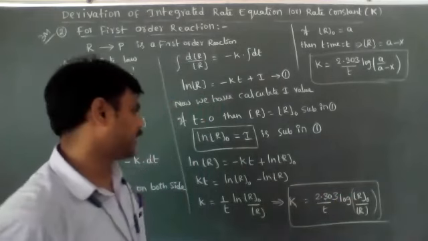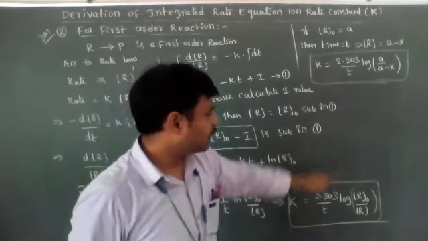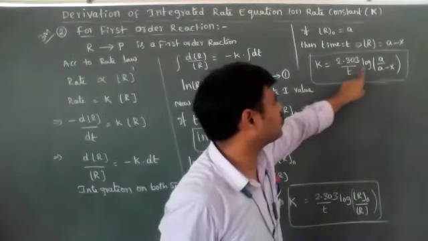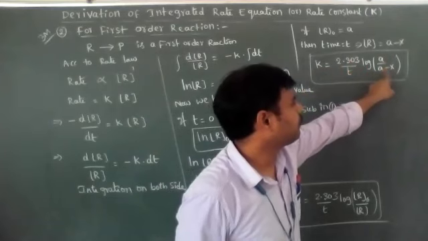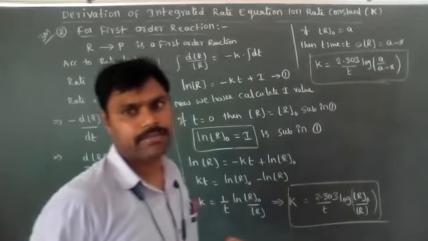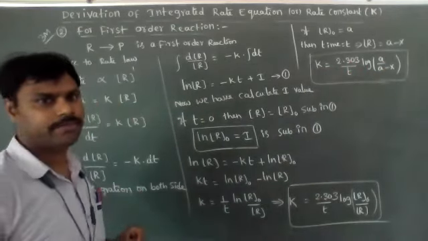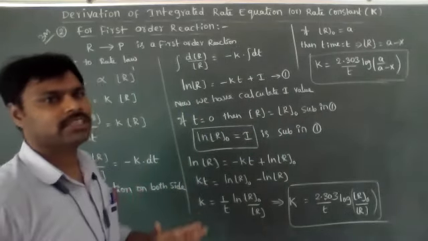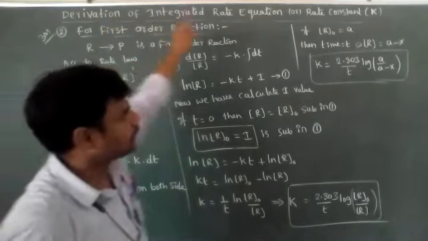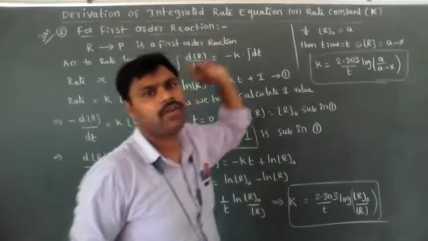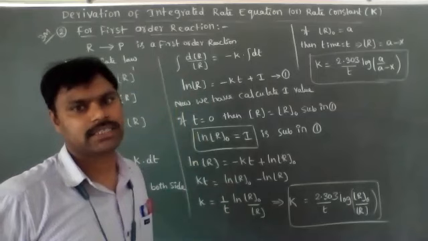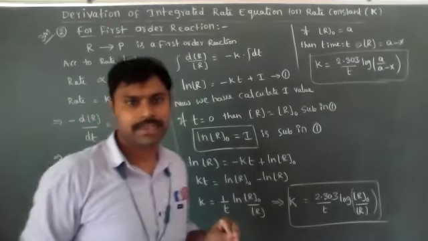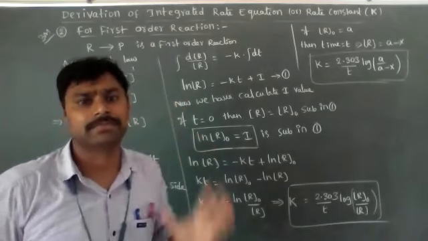We can also express K as 2.303 by t into log A by A minus X. So this is the integrated rate equation, the integrated rate constant formula, for a first order reaction. This derivation is very important for board examination. Compulsory 3 marks question, guaranteed.